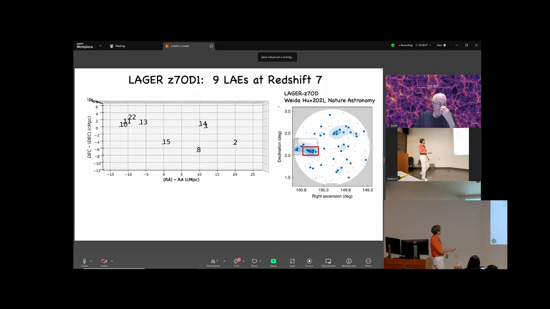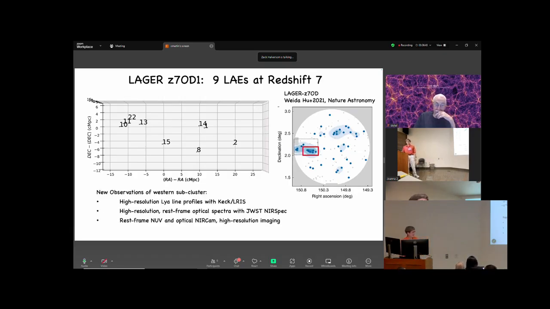And this is a map on the sky of the 9 Lyman alpha emitters that we observed. So we're going to talk about measuring hydrogen Balmer lines with James Webb. The Lyman alpha line profiles that we're going to compare to this come from the LRIS spectrograph on Keck. And then we have some NIRCam imaging.